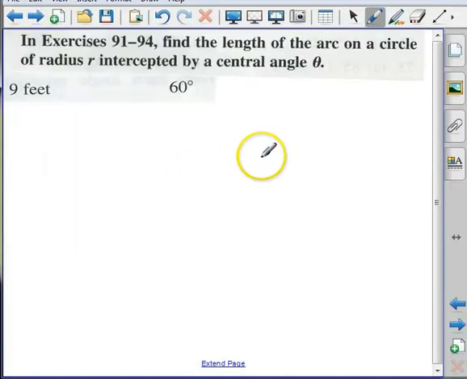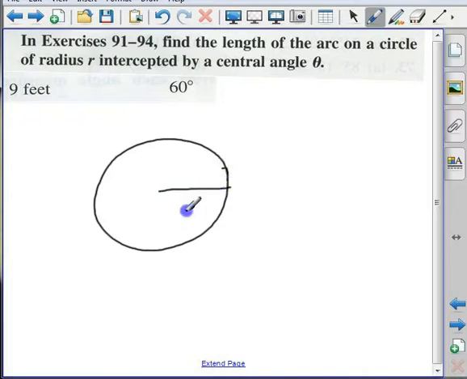For example, find the length of the arc on a circle of radius r intercepted by a central angle theta. In this case, r is 9 and the angle theta is 60. So there's r. That's 60, and we want to measure this arc length right here.